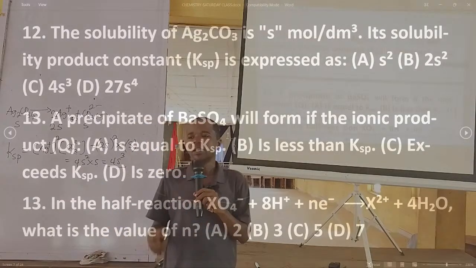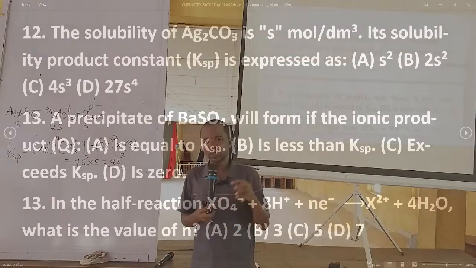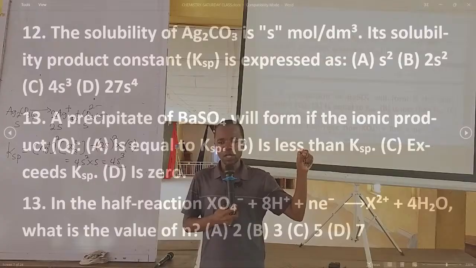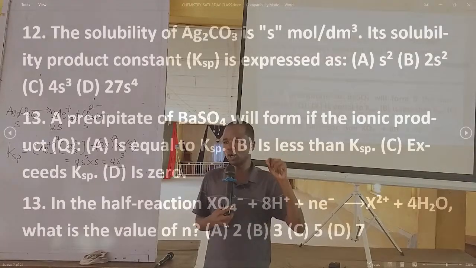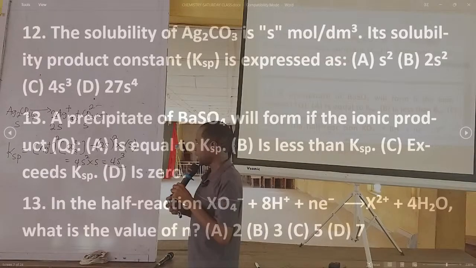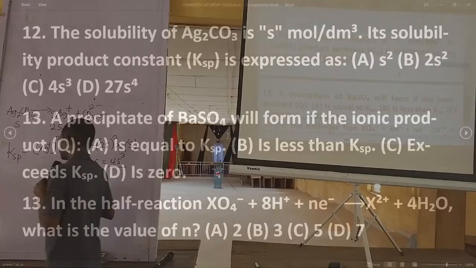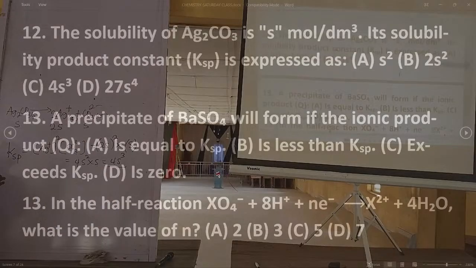Now, there are three relationships between the ionic product Q and the solubility product, Ksp. These are the three relationships. When Q, that's the ionic product, is less than Ksp, that is the solubility product, then it means the solution is unsaturated.